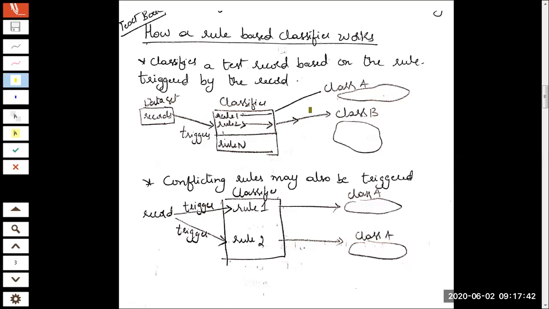The root node and intermediary nodes assisted in making a decision about what? Reaching a specific leaf node. And we understood the leaf node was the class. So that was a decision tree, which assisted us in building a classifier model.